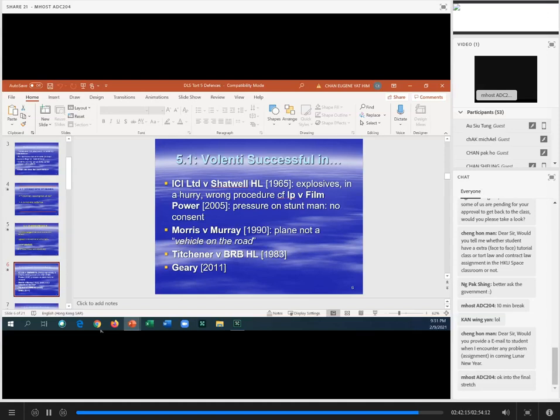So the question here: was this volenti? The Court of Appeal considered that when the plaintiff was warned about the danger, she responded in that way. Did the plaintiff voluntarily assume the risk of negligent driving? Asquith J held that the evidence did not support that the plaintiff had accepted the risk of Hamilton driving negligently.